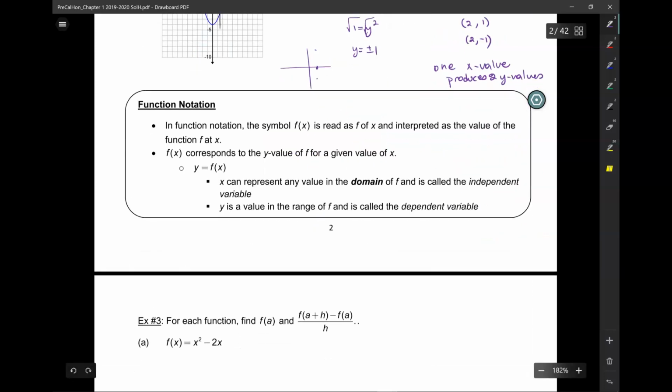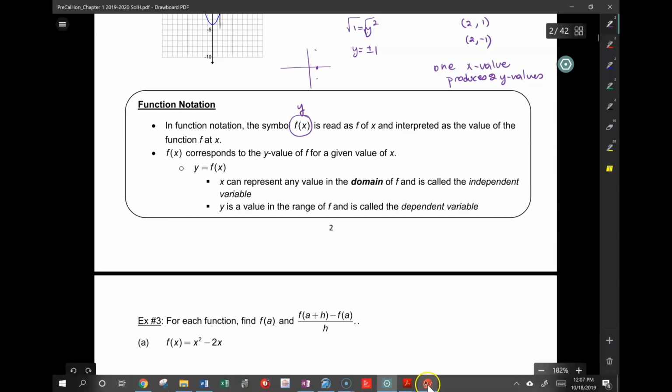All right, so function notation. I know you know this from algebra 2, but basically f of x is function notation. It is the same as what we always used to call y. The thing about f of x is it tells you two pieces of information. It tells you the name of the function, f, and then it tells you what variable is used in the function.